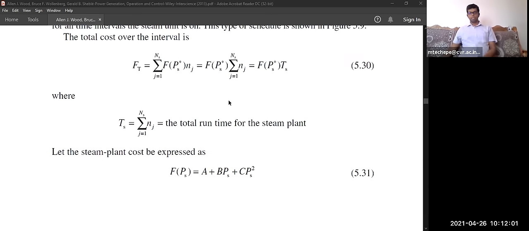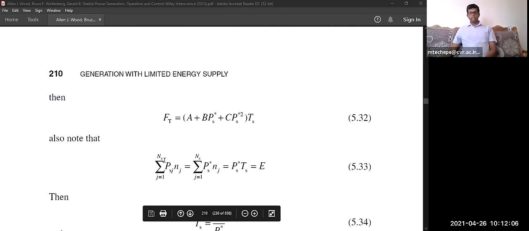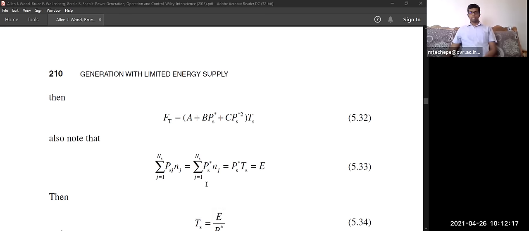From the previous notation, sigma j equal to 1 to ns of PS j into nj is PS star, the optimum amount of power generated from the steam generating unit, into nj, which is PS star into TS, since sigma j up to ns of nj is TS.